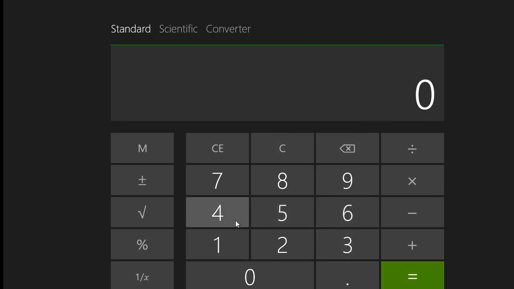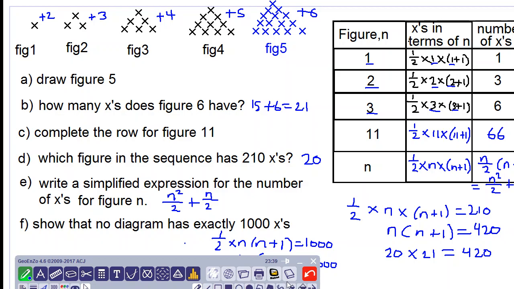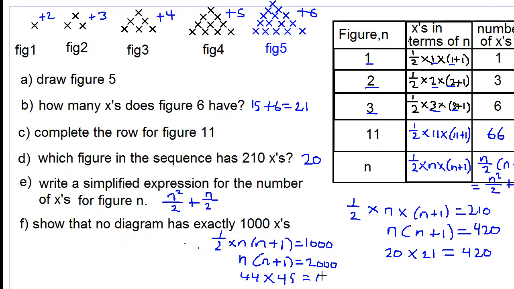Okay, sorry, let's try 45 times 46. 2070. So now we have 44 times 45 being equal to 1980, and then we have 45 times 46 being equal to 2070.